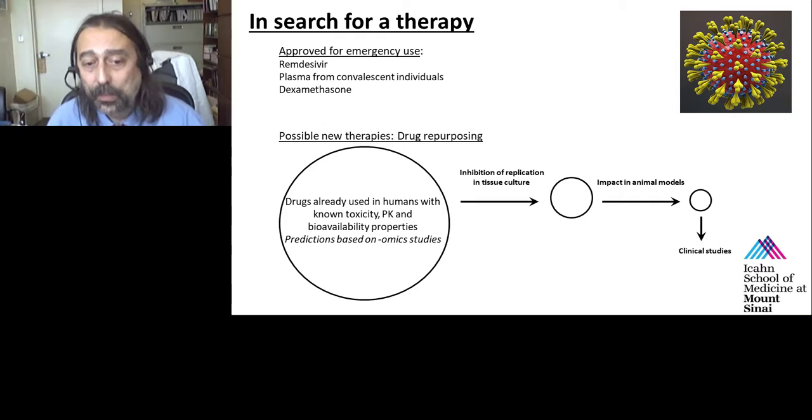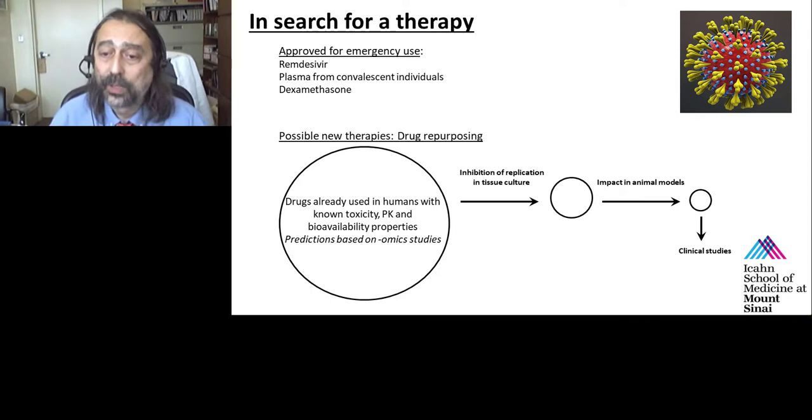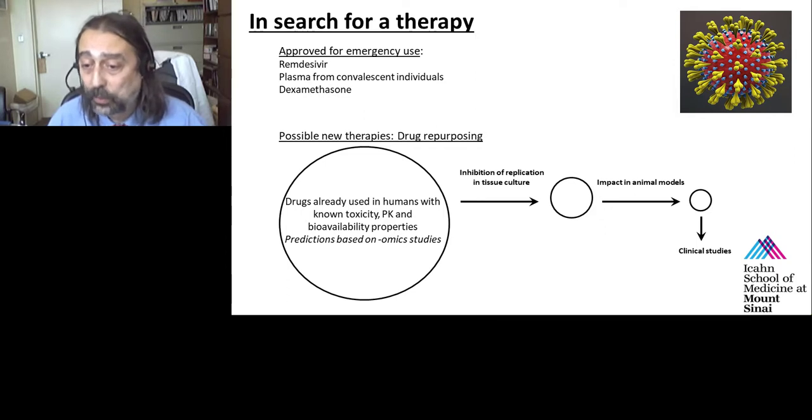And now once we make these predictions, we test these drugs for inhibition of replication in tissue culture. And then if some of them are able to inhibit the viral replication, we move them into animal models. And if they are working well in animal models, then we hopefully will be able to move into clinical studies. But in some instances, some of the drugs that we have found are already in clinical studies for SARS coronavirus 2.